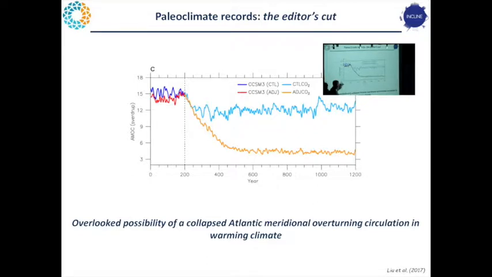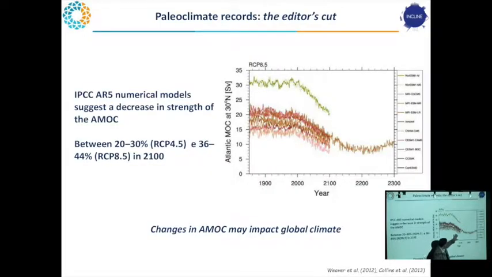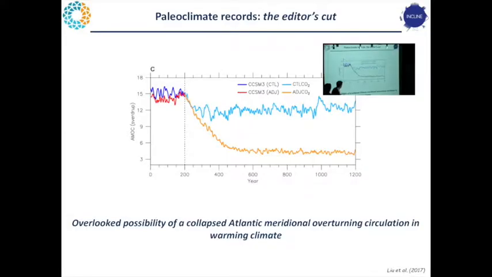So this paper, differently from this author here, that do not show a collapse of the Atlantic meridional overturning circulation as long as the simulation goes. These authors here argue that it was an overlooked possibility of a collapse of the Atlantic meridional overturning circulation in a warming climate.